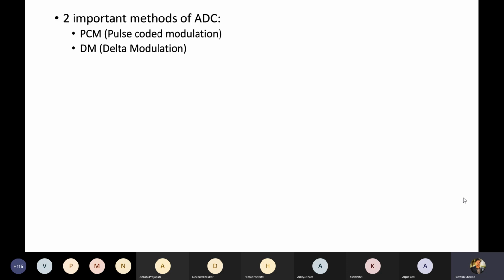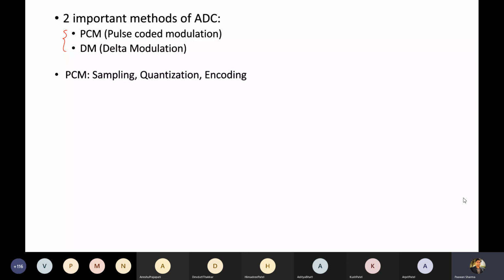So there are two important methods of analog to digital conversion: one is pulse coded modulation and another is delta modulation. There is another known as ADM, adaptive delta modulation. We will cover that in detail in upcoming sessions. But today we will be focusing on PCM and delta modulation, and specifically PCM.